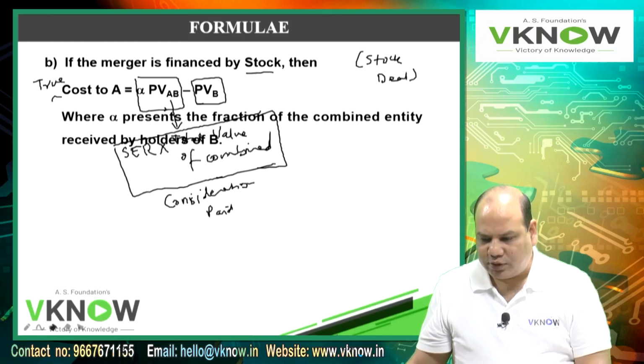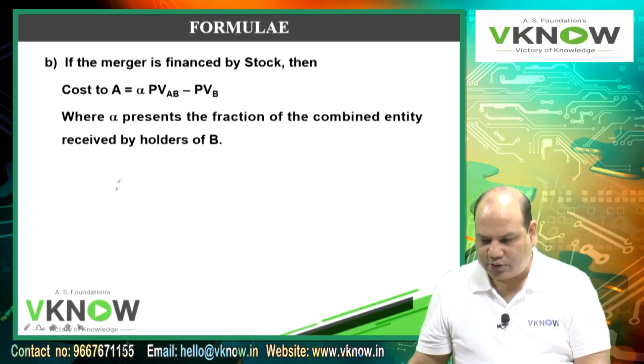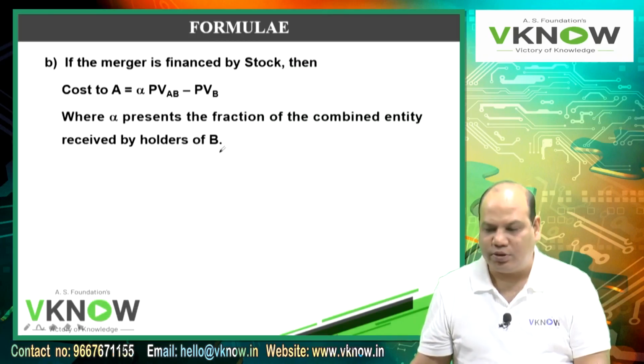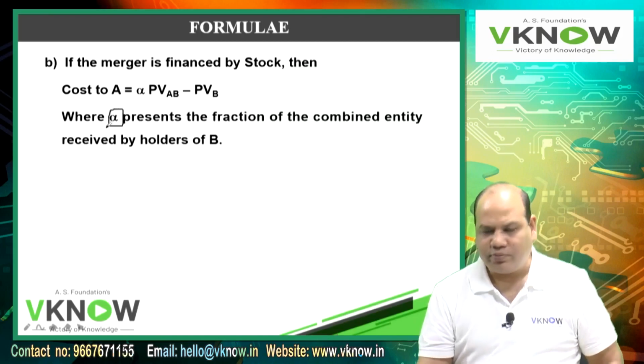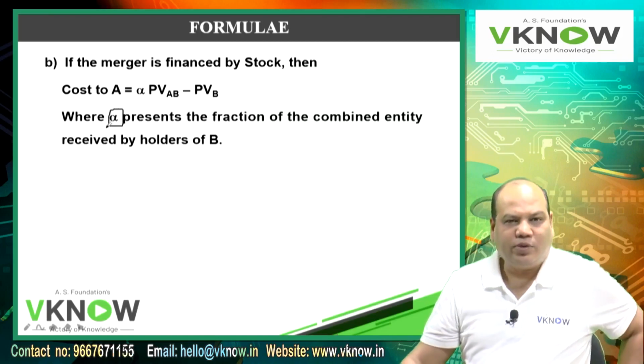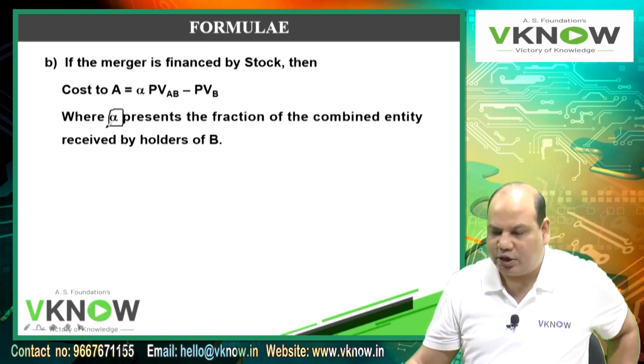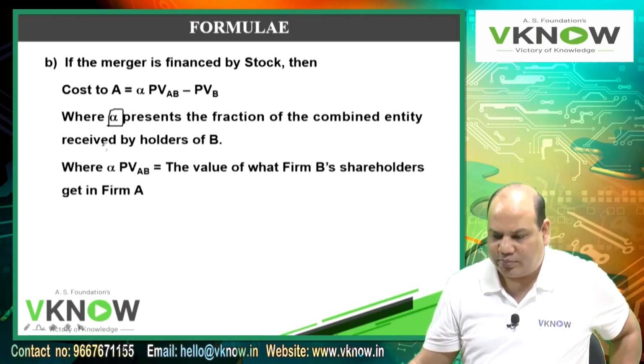So what is alpha? Alpha represents the fraction of the combined entity received by the holders of B. That is their proportionate stake, ownership position. The words we have used in this chapter are ownership position or percentage holding of the target company.